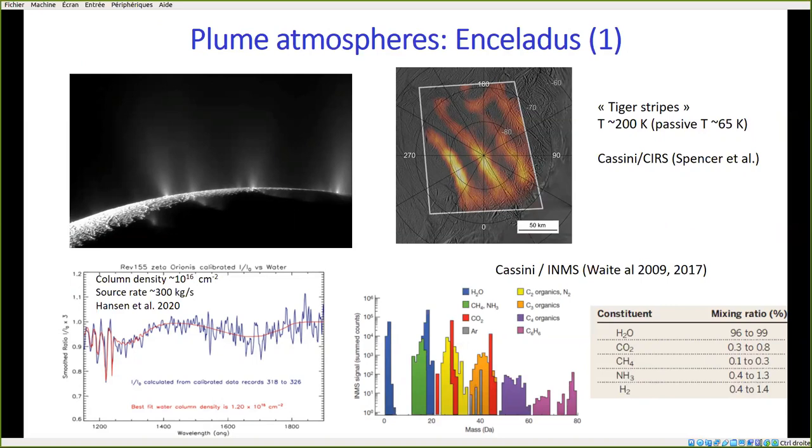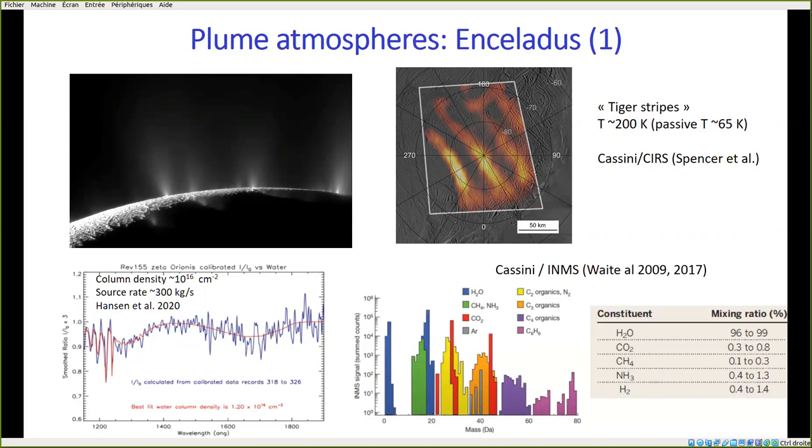Okay, before moving to the denser atmospheres of Pluto, Triton, and Io, let me say a few words about cryovolcanic plume-like atmospheres, which have attracted considerable attention because they have possible astrobiological implications. We have one clear case of a plume atmosphere, which is Enceladus, and one more tentative case, which is Europa.